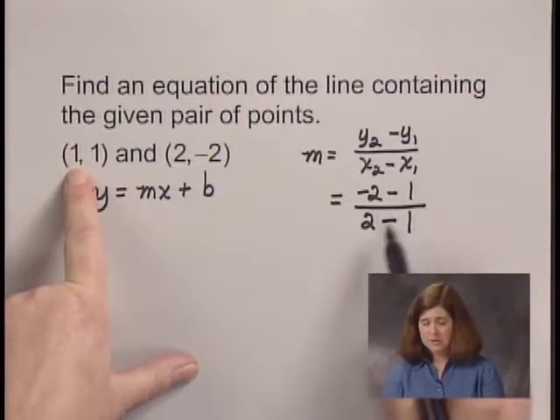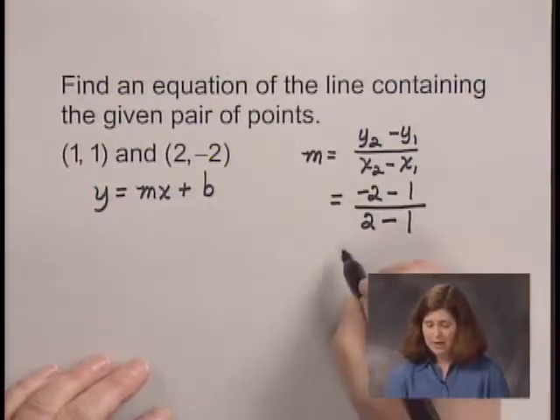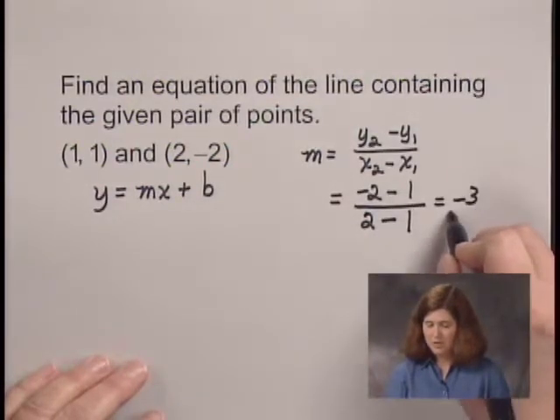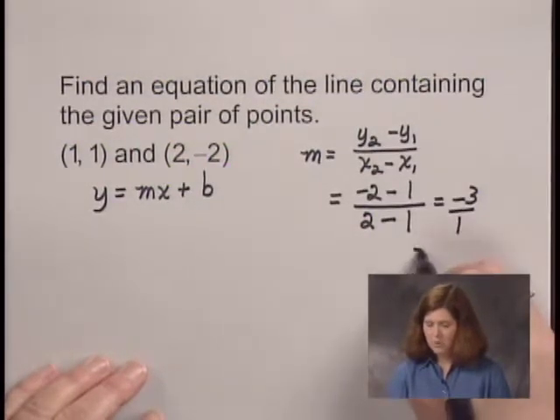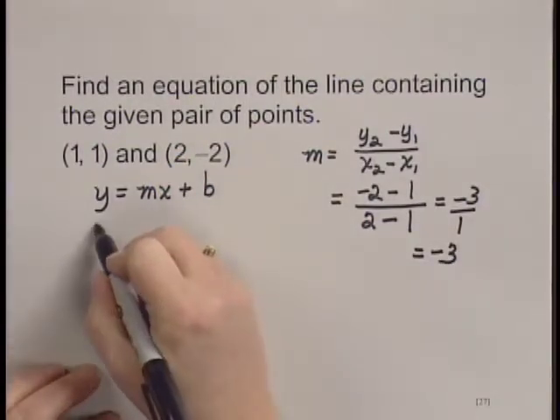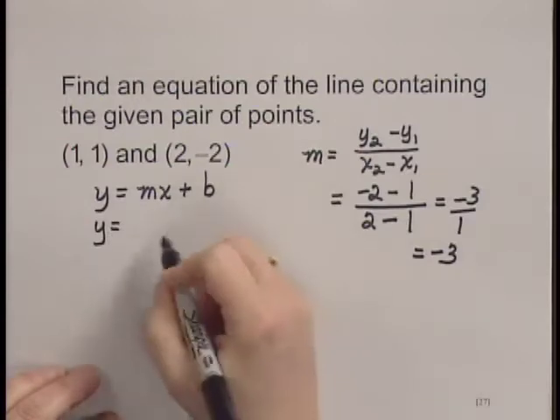Subtracting y coordinates, subtracting x coordinates, that gives me -3 over 1, or -3. So I can substitute -3 for m in the equation.